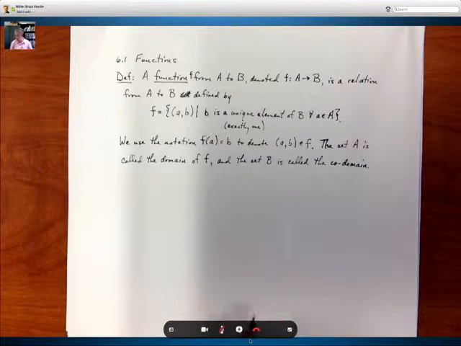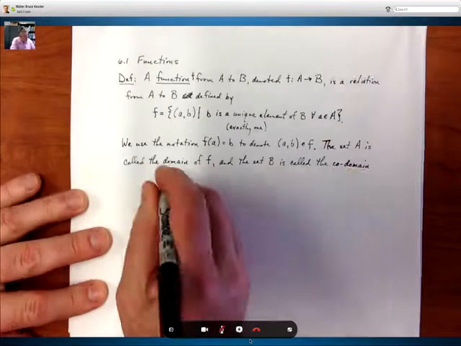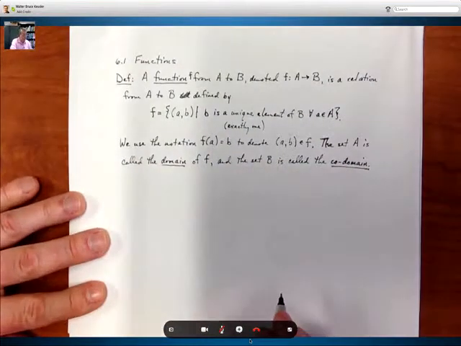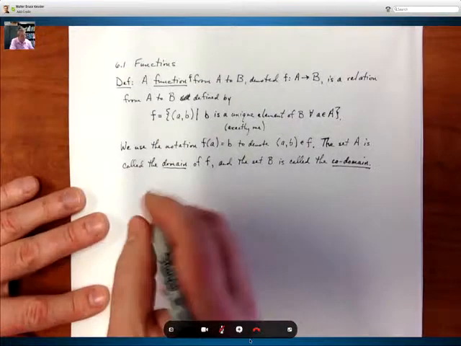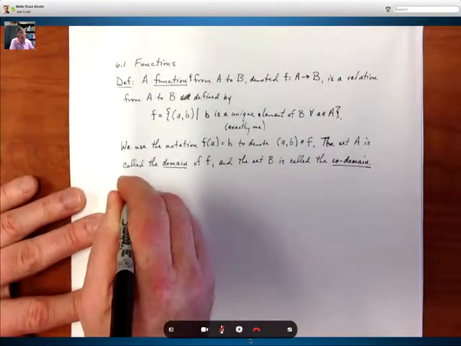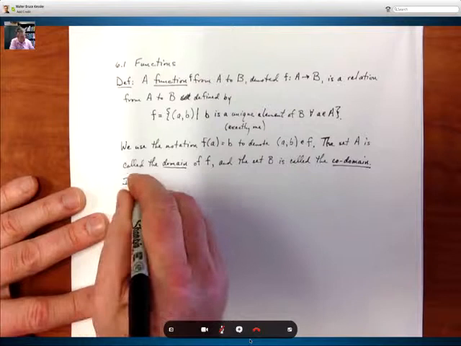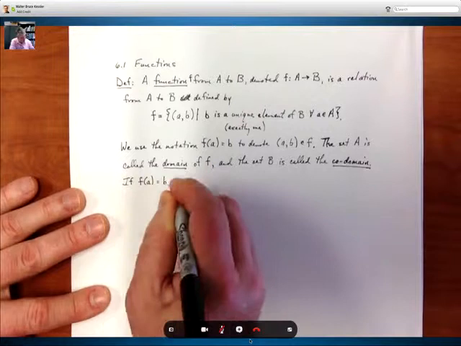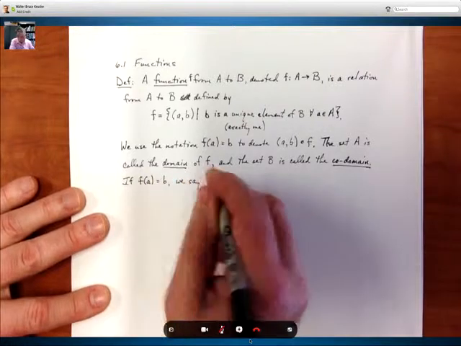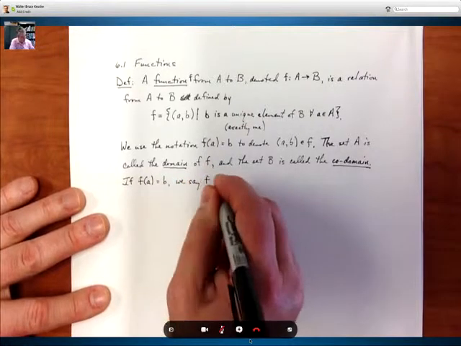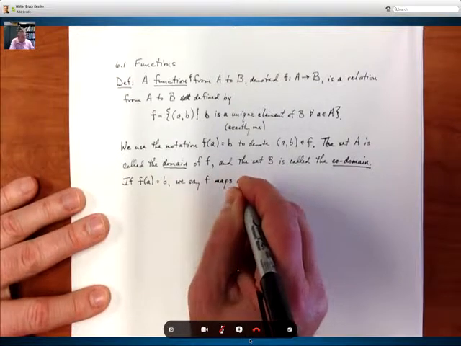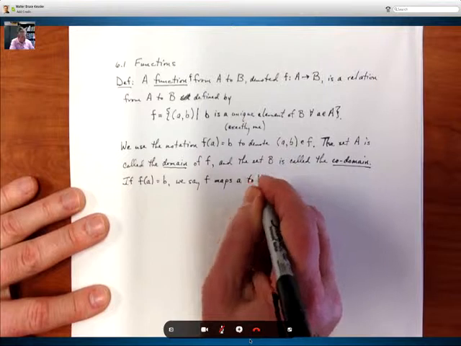Let's see if there's any other terminology that I want to throw into this. Domain I'm good with. Codomain I'm good with. There is one other word I could throw at you. If f(a) = b, we say that f maps a to b.